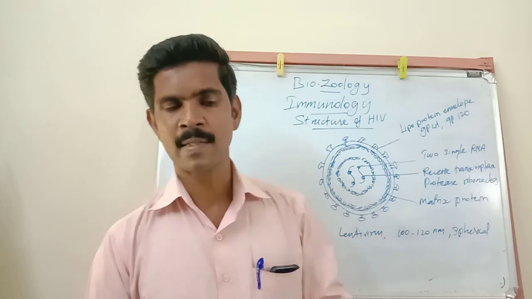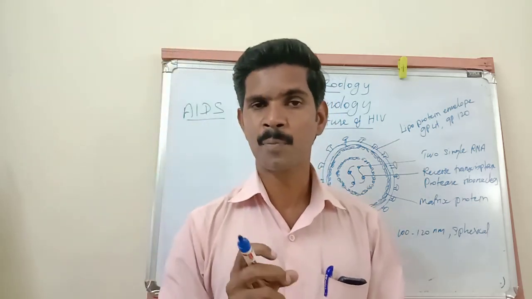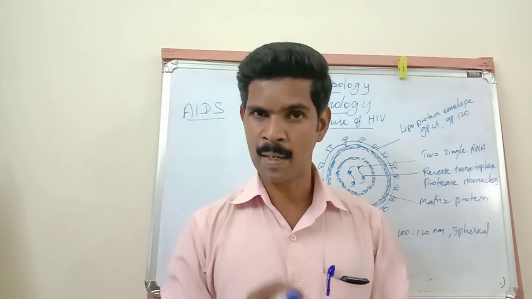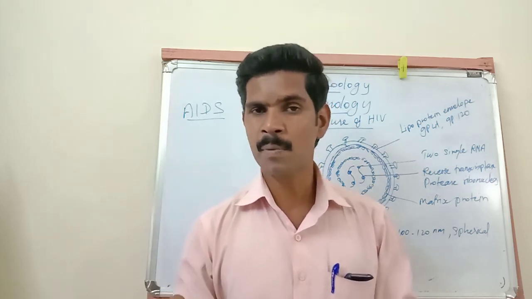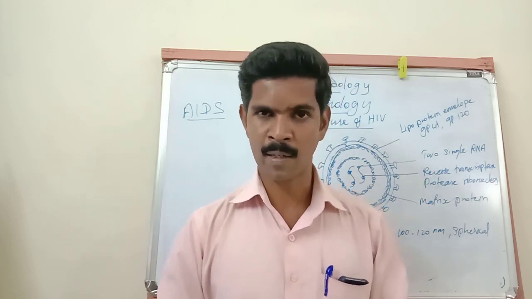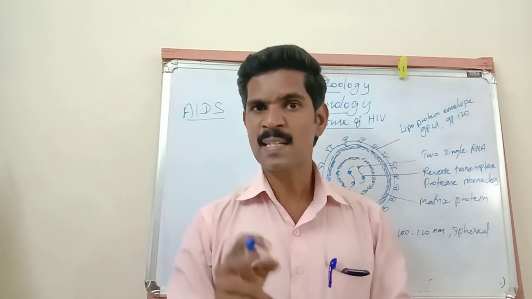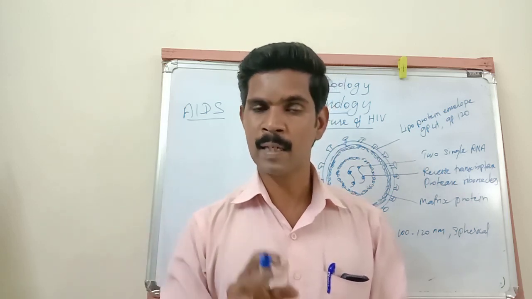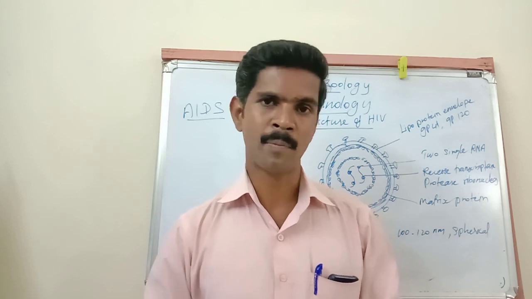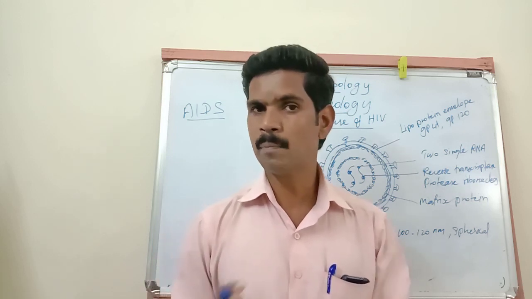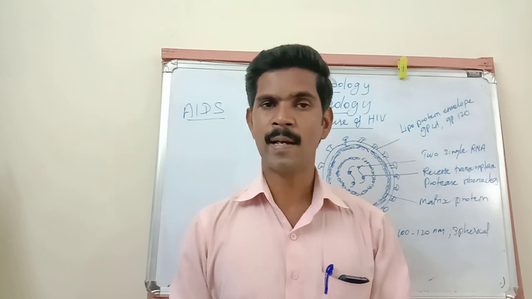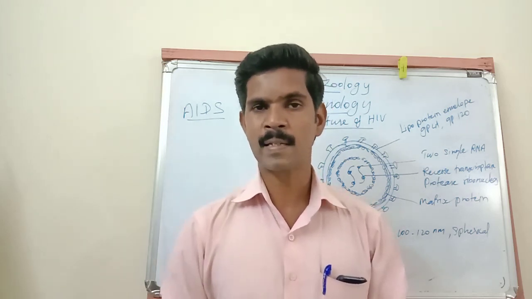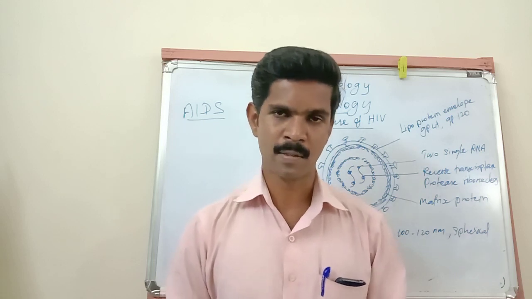The T helper cells are very important for the production of antibodies. The T helper cells do not produce antibodies themselves, but they play a very important role in the formation of antibodies, because T helper cells stimulate the B cells. When B cells are stimulated, they can produce antibodies. So antibodies are produced by B cells, but to produce them, B cells should be stimulated, and for that T helper cells are very important.